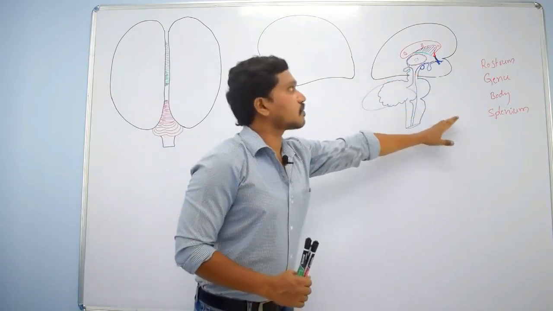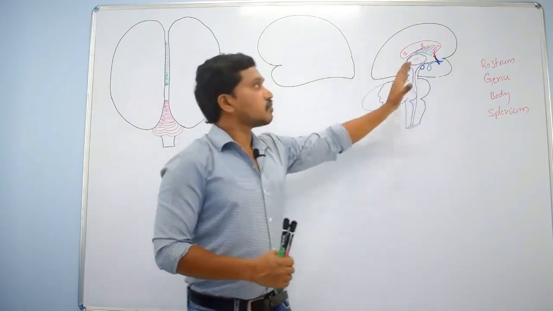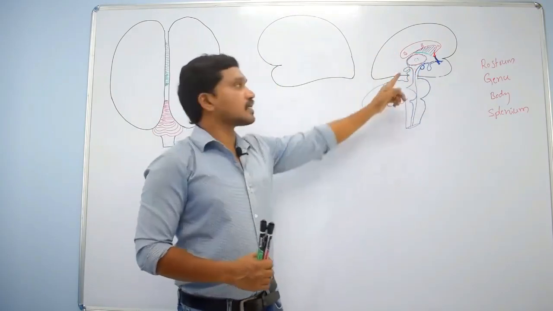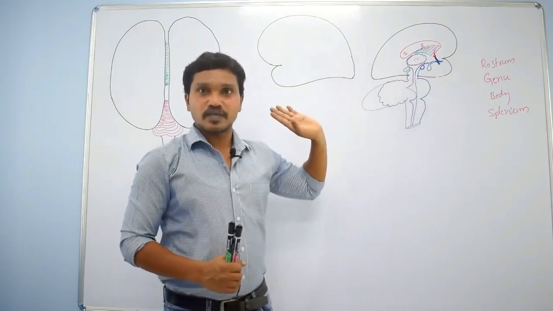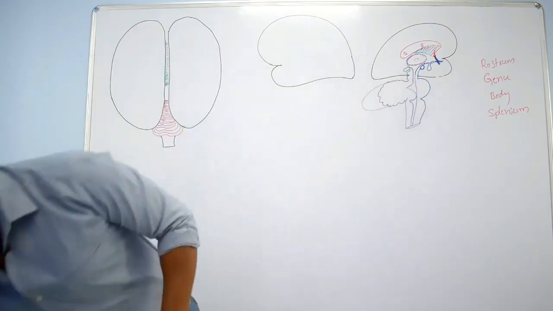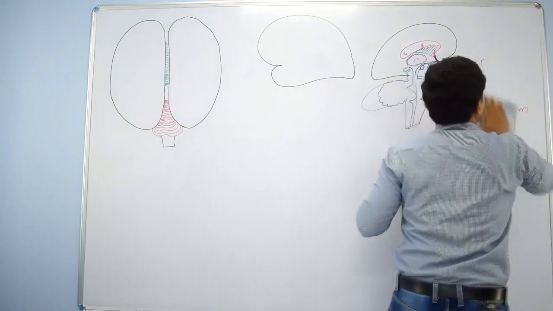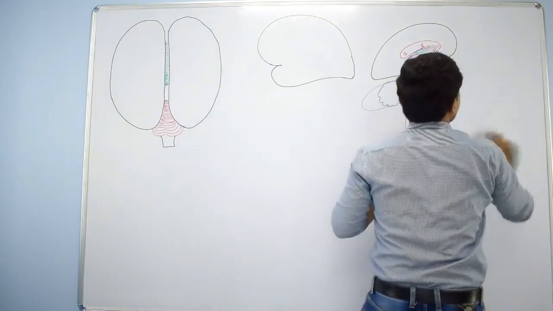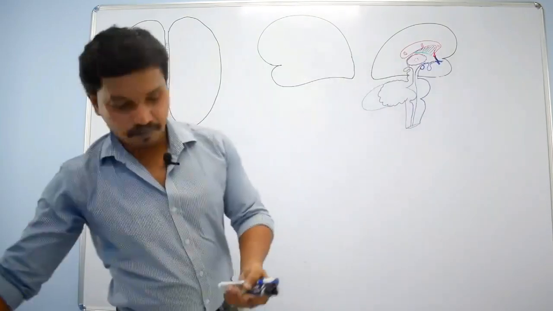To show the different sulci and gyri, for our convenience, I am removing all these structures and drawing only the medial surface and the structures intimately related to it. So let me remove these names and I will draw the medial surface of the cerebrum here.